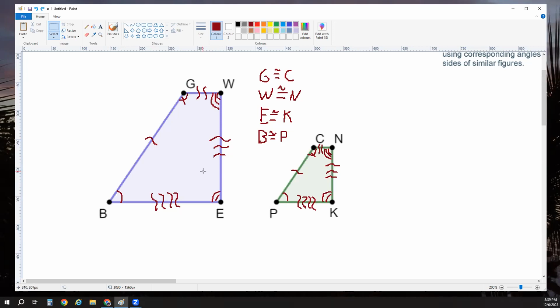What is the similarity? If I were to set up a proportionality, what would some corresponding side and proportionality statements be for these?